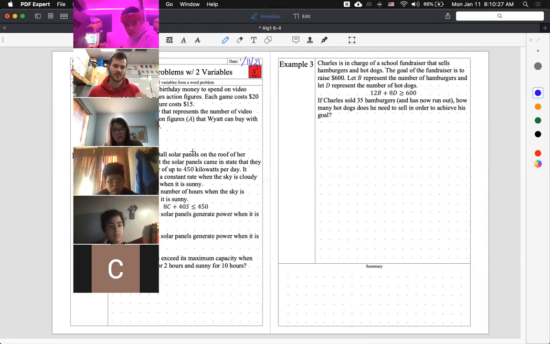All right, and the whole purpose of the change from previous units to this unit is we have two variables now. We have V and A. So somehow I'm going to combine V, probably adding it with A somehow, and I have to use all these numbers. I see that the action figures are 15, games cost $20, and he had $134 of birthday money. So how do we combine everything into an inequality?